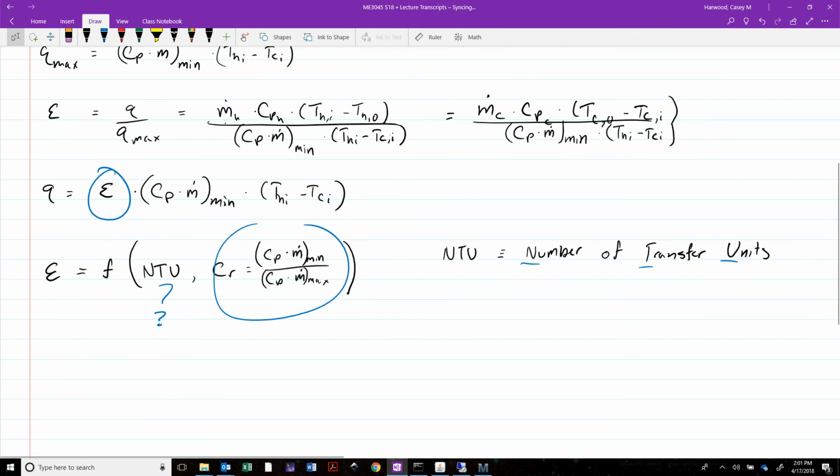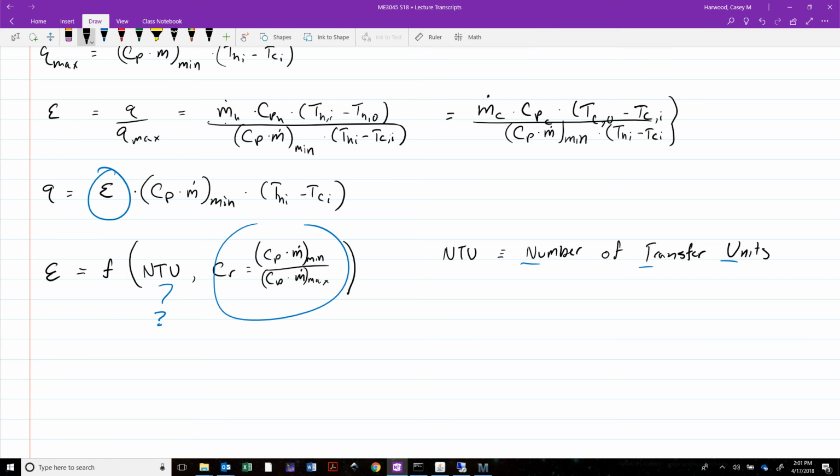And so what people have done is they've compiled big correlation tables. In other words, there are predetermined relationships between NTU and the heat exchanger effectiveness that we have the convenience of being able to just look up in a table.